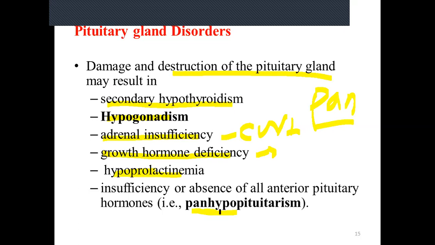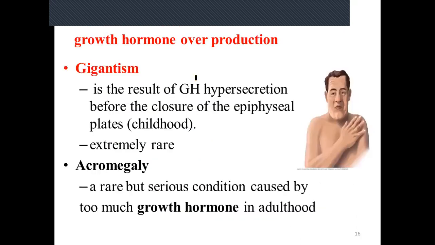So when you say panhypopituitarism, if all anterior pituitary hormones are reduced significantly, we call it panhypopituitarism. There is a probability of having that condition if there is damage and destruction of the gland due to tumor or radiation therapy.